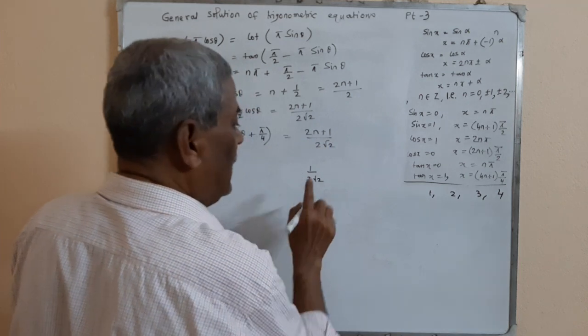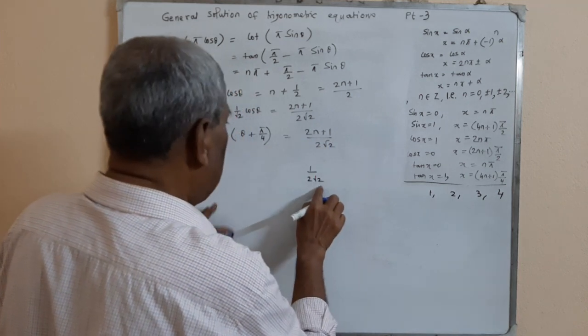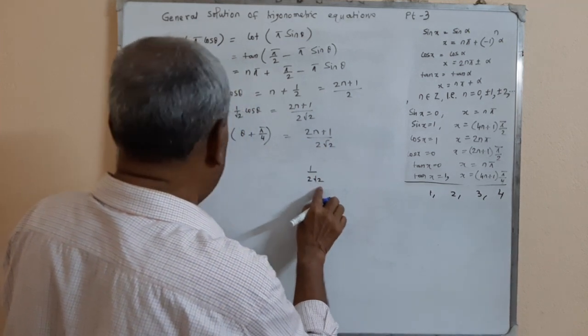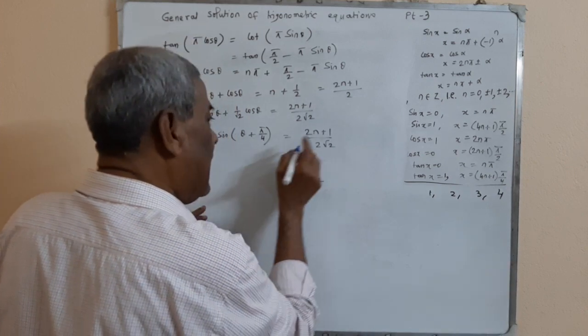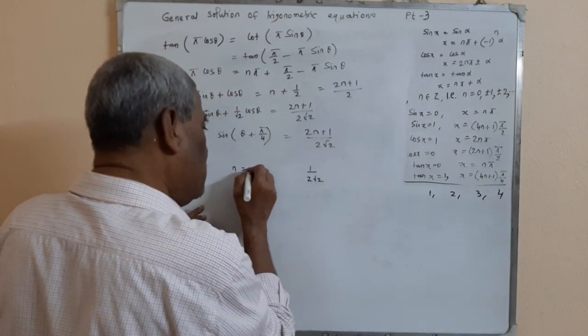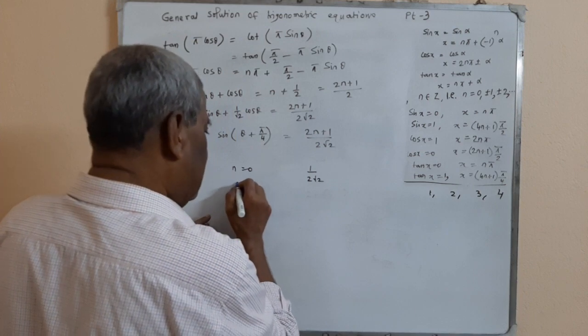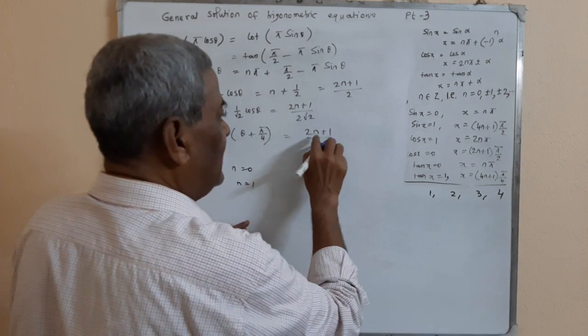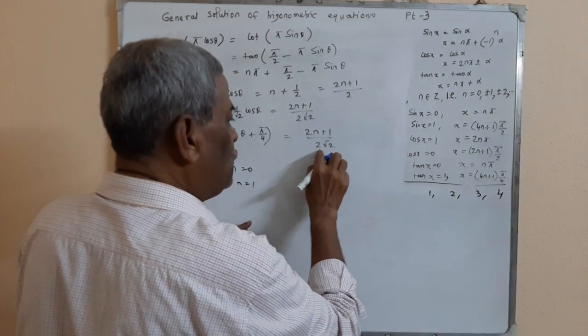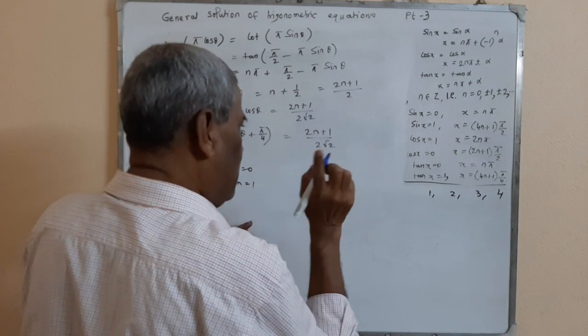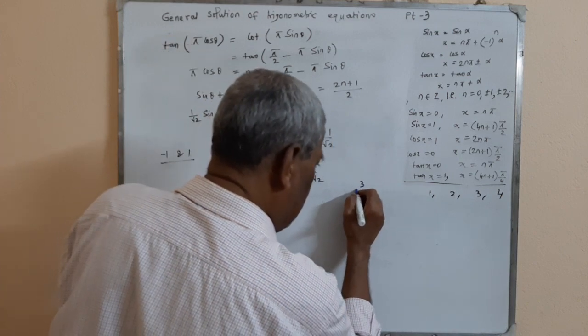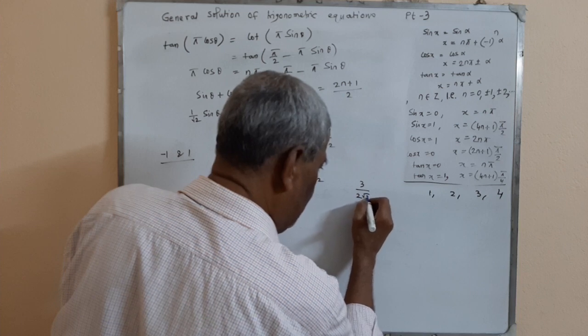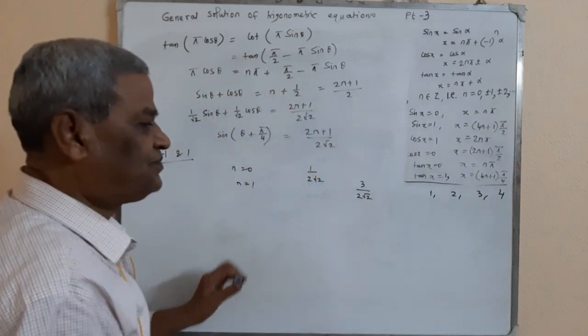This is possible because it lies between minus 1 and plus 1. So one admissible value is n is equal to 0. Next take n is equal to 1. It is equal to 3 by 2 root 2. It is less than 1.